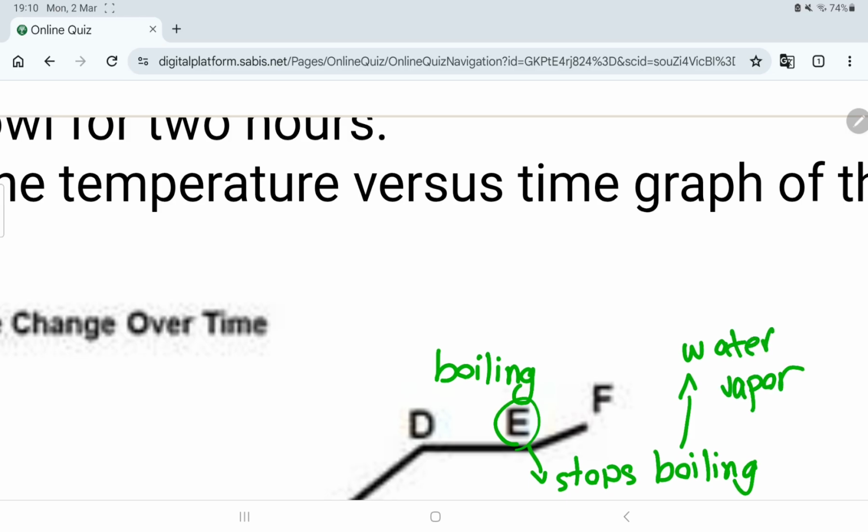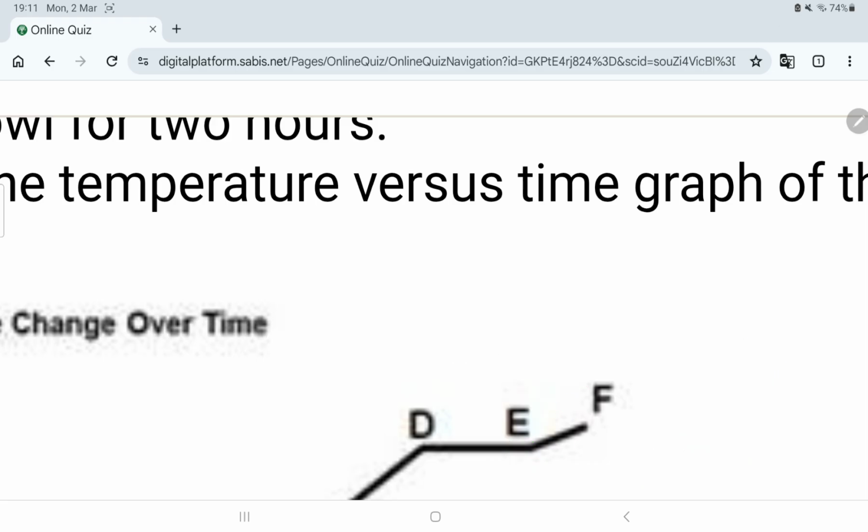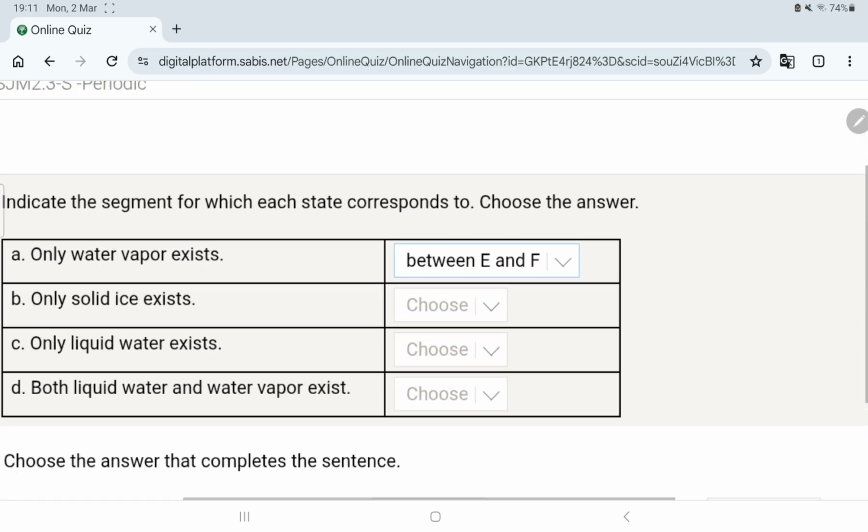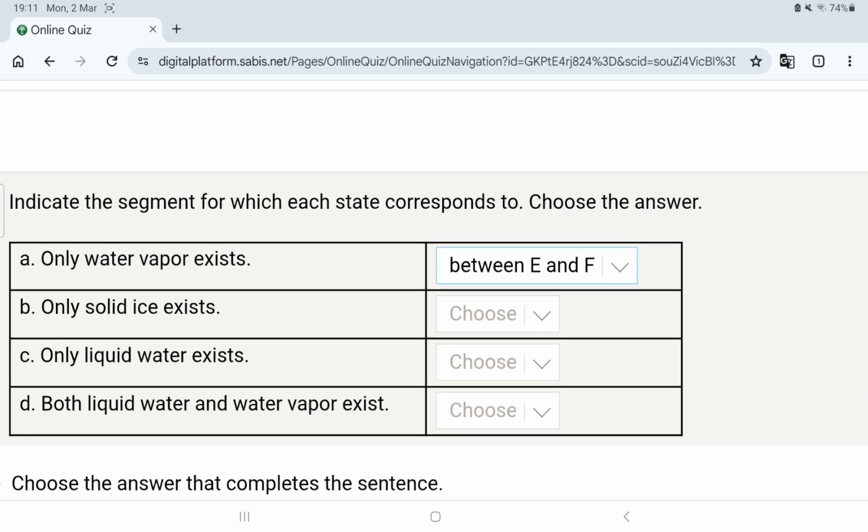So if E is water vapor, is there any stage after it? Can a gas just change into something other than gas? No. So here, water vapor, infinitely. If you have points G, H, I, all of this, it's still water vapor. So when you only want water vapor, it's between E and F.